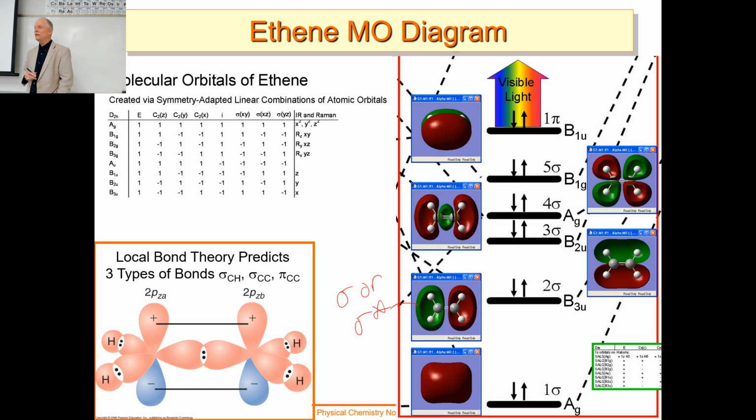Sigma and sigma star and pi star are really just useful for diatomics. When you get to polyatomics, you just need to look at the orbital and see which bond it supports. This orbital supports the CH bonds and does not support the CC bond. Is that why none of the sigmas have stars on them?